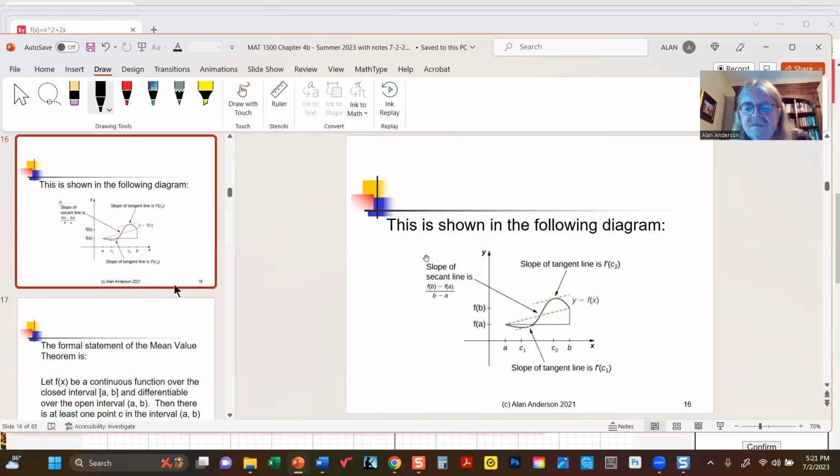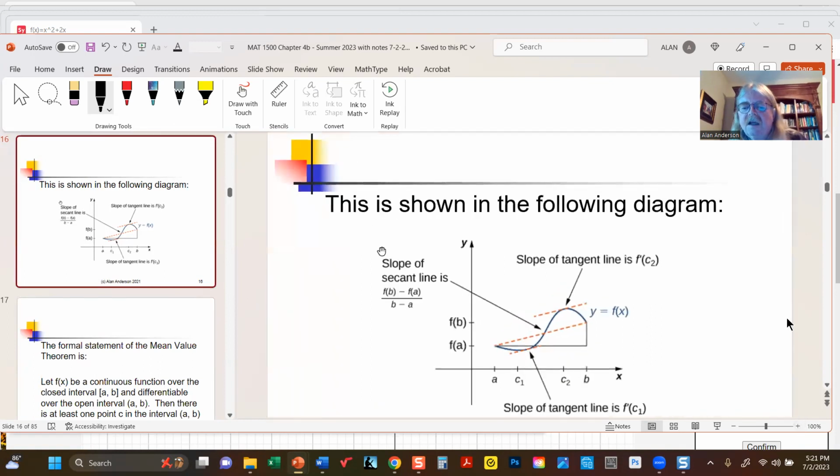So here we are. You get the two endpoints. This is the secant line between the two points. What it's saying is that in this case, there are actually two of them.